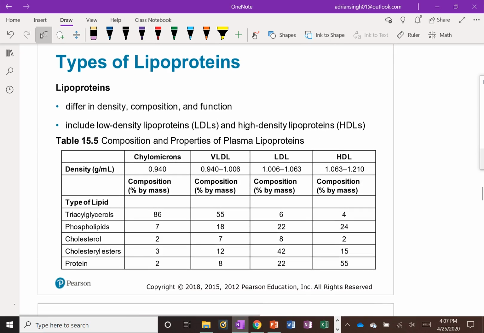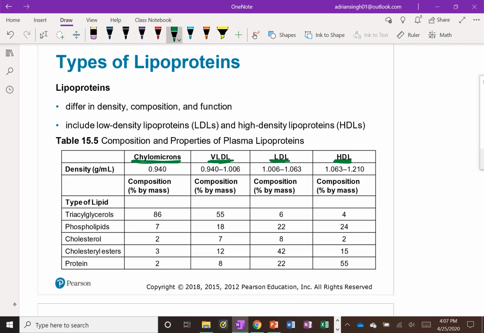So these lipoproteins, we saw a couple different types of these in the previous example. We talked about low density lipoproteins, LDLs. We talked about high density lipoproteins. We also have a couple other categories: very low density lipoproteins, VLDLs, and then we also have chylomicrons.